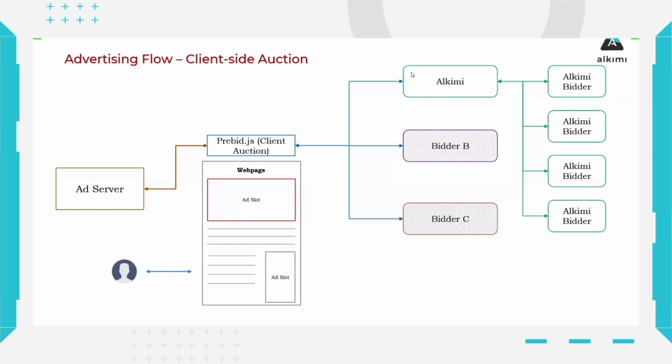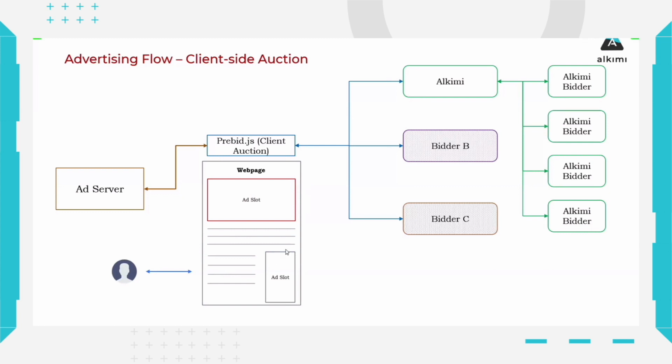And Alkimi Ad Exchange would then forward that bid request to multiple bidders or DSPs, the demand side platforms, collect the responses from each of these bidders, determine the bidder with the highest bid response who would win the auction, and that response is sent back to the publisher to show the ad corresponding to the winning bidder to the user. So this is generally how the flow works.